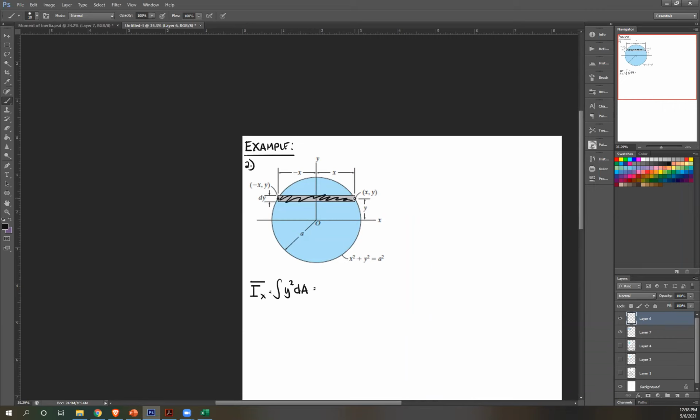Now from that element, I can take an equation for dA. So this becomes the integral of y squared. Can anybody give me the new equation for dA? Very good, Angela. 2x multiplied by its height, which is dy.